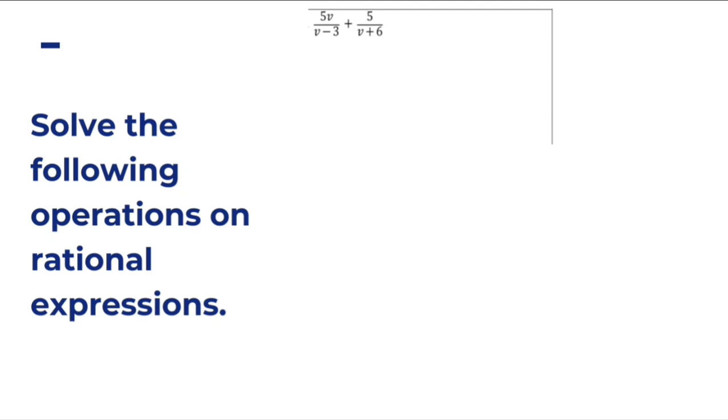But as you can see, v minus 3 and v plus 6 are both non-factorable already. So that means we'll just copy them and then multiply them to each other. So your denominator will be v minus 3 times v plus 6.